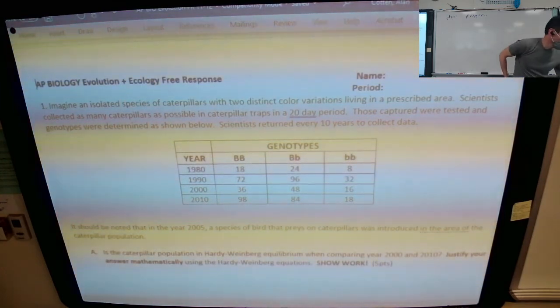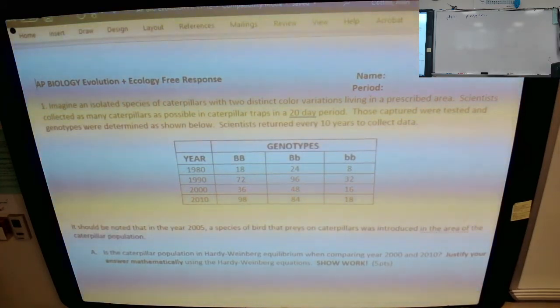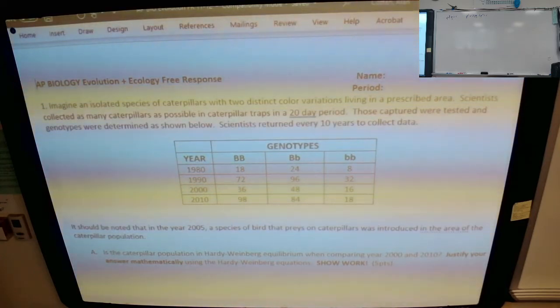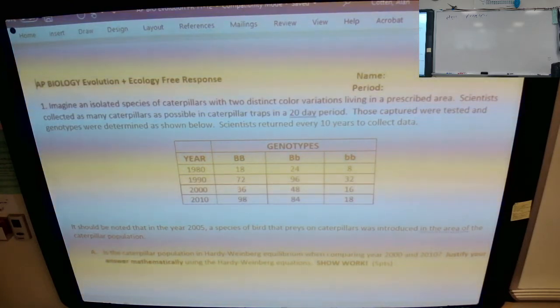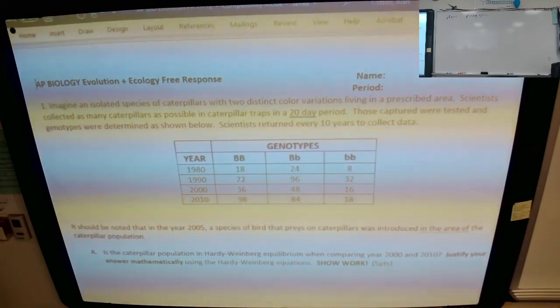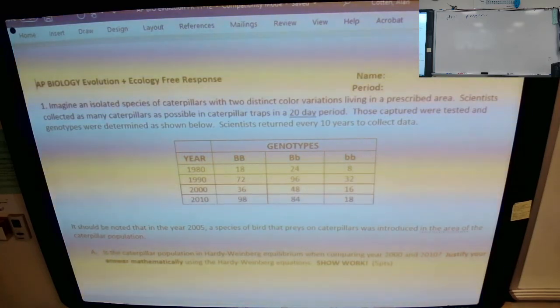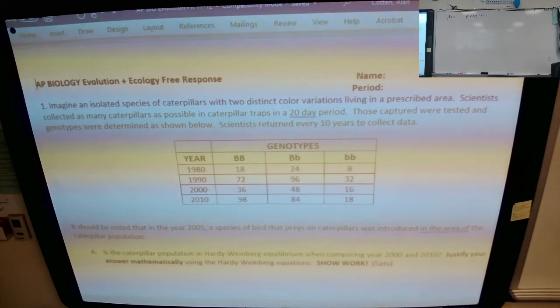If you want, of course, you've got a calculator on your phone, but if anybody wants a calculator, I've got some. Anybody needs one, just raise your hand. You're welcome.